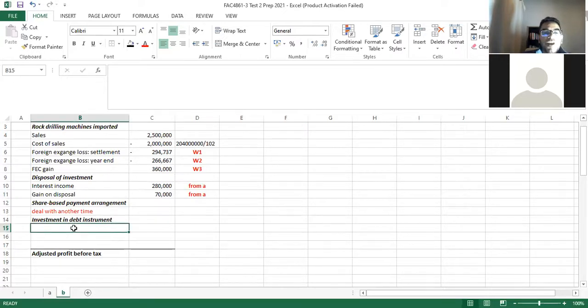So now we'll deal with the investment in debt instrument. So now we can go to point number 4. So for point number 4, where's point number 4 now?